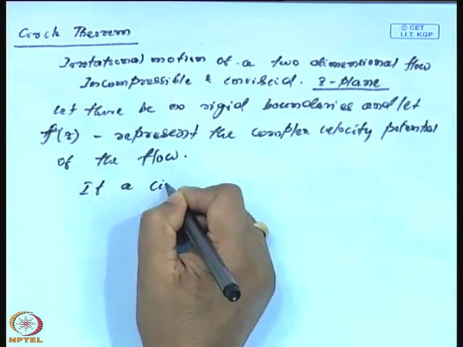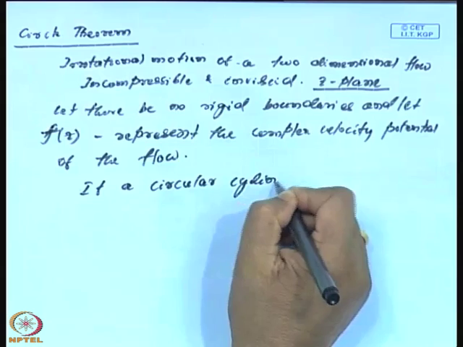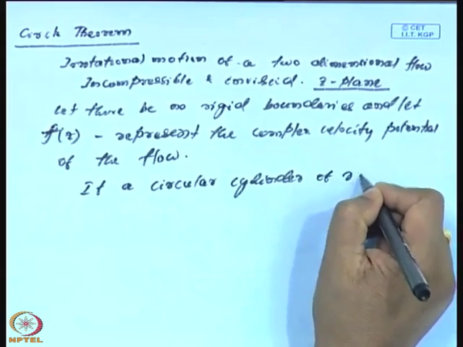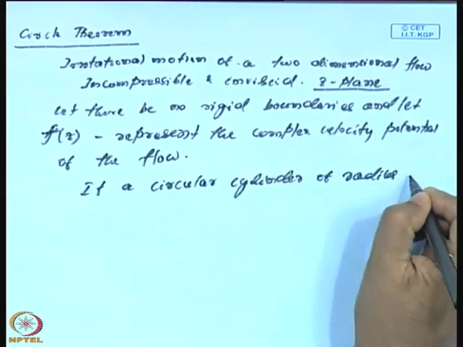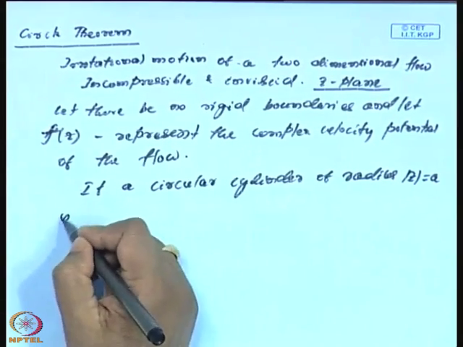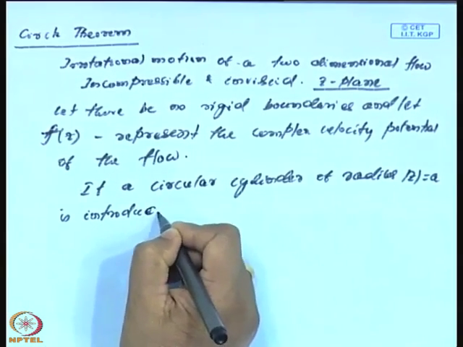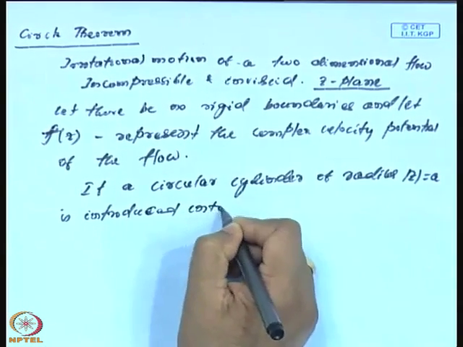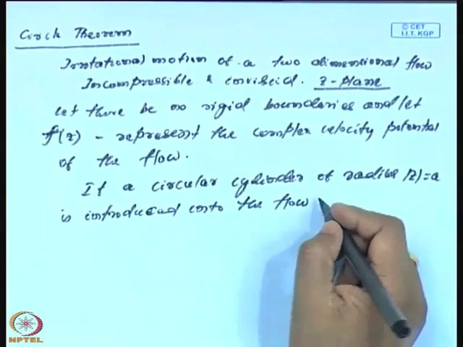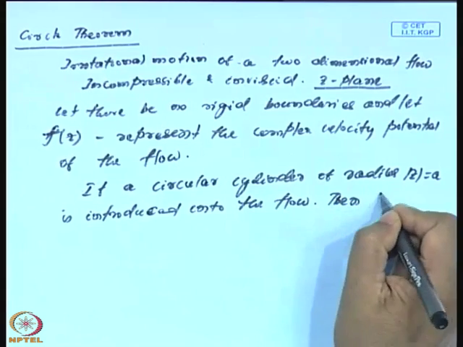If a circular cylinder of radius |z| equal to a is introduced into the flow, then what will happen to the new complex potential?